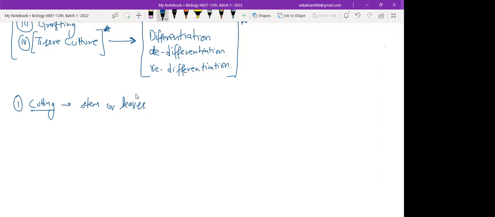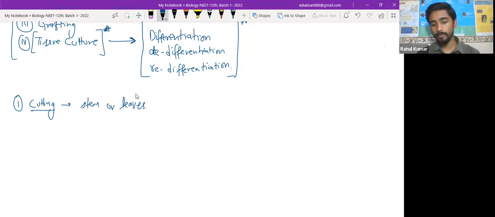Yes. The new plant is formed from the adventitious roots. So it's very clear, right? If we are just cutting a stem or a leaf and putting it in the soil, what it does not have is a root.